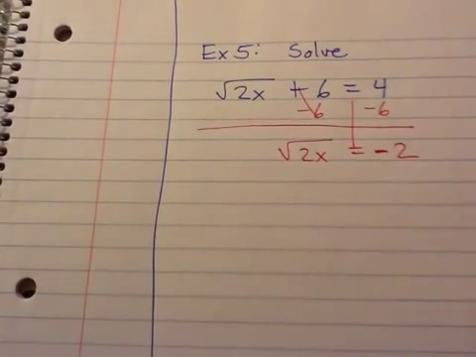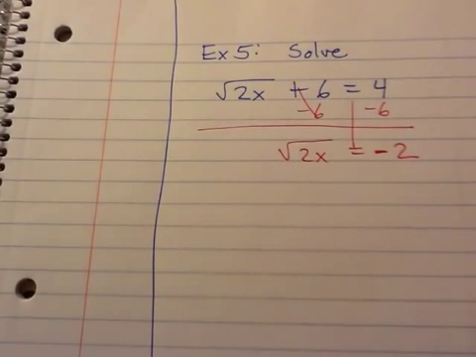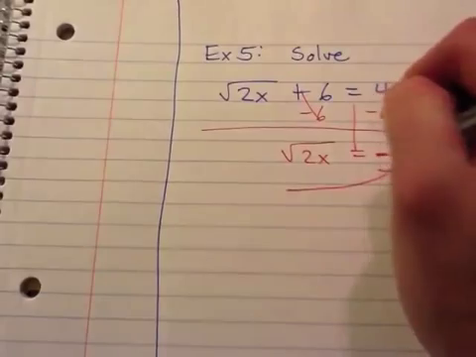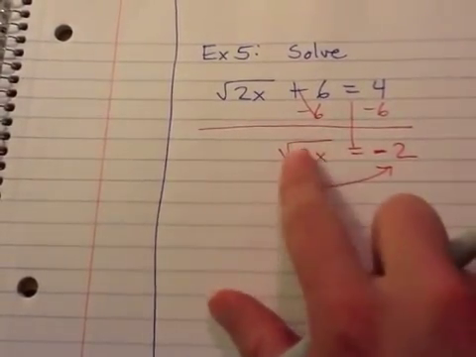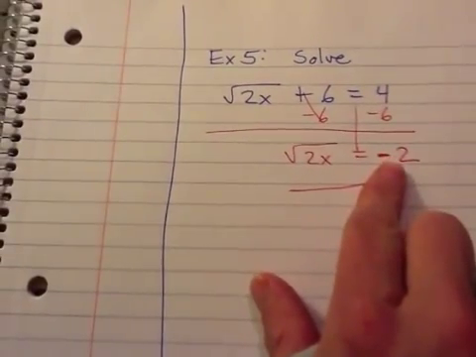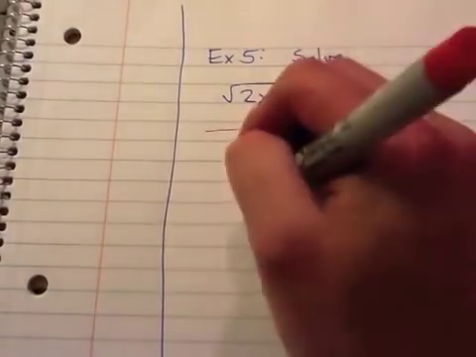So does anyone see a problem with that? Yep, you're right, it's not going to work. When you get something like that, where you have a square root alone over here, nothing else with it that could possibly change that sign, then it's never going to equal a negative.